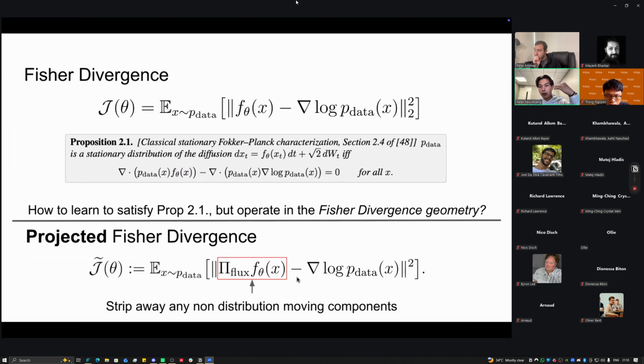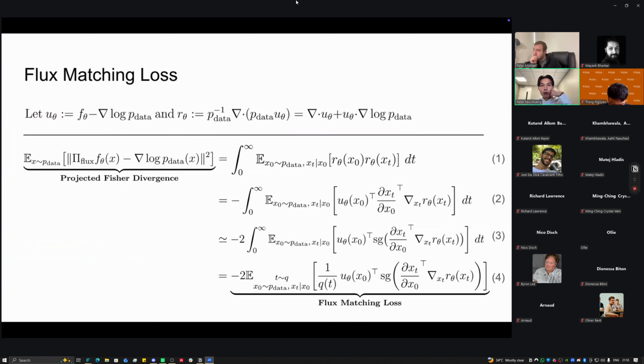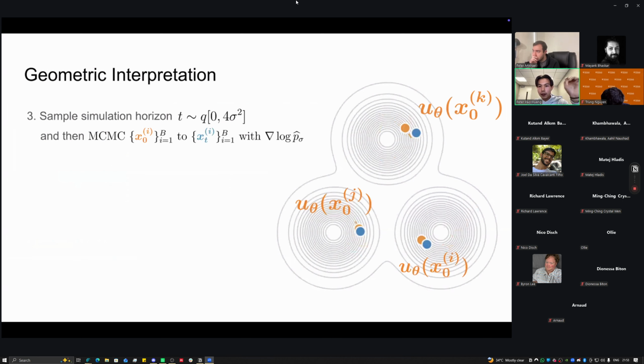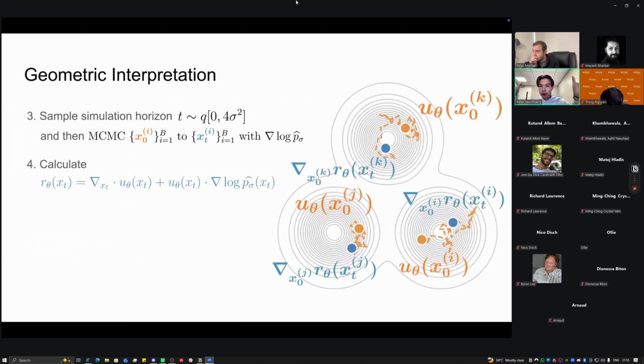We want some type of projected or Fisher divergence like geometry while still being blind to these distribution preserving components. So R gives us this blindness to distribution preserving components, but it operates one derivative below where we actually care about, which is the vector fields. So this MCMC process almost loosely inverts this derivative to go back up into the vector field level.